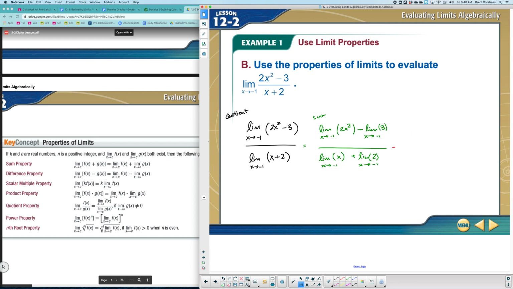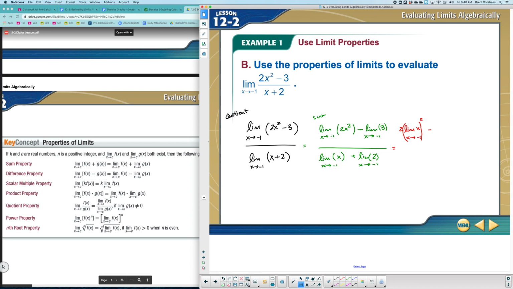We could continue on this next one. I'm going to do two properties in one. I'm going to change this right here to the limit as x approaches negative 1, and I'm going to put the 2 in the front. That's the scalar multiple property, and the x itself is squared, so it's not the 2 that's squared, just the x. I'm also going to square the limit itself, not the scalar, but the limit.